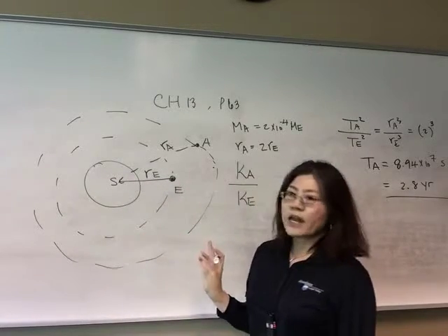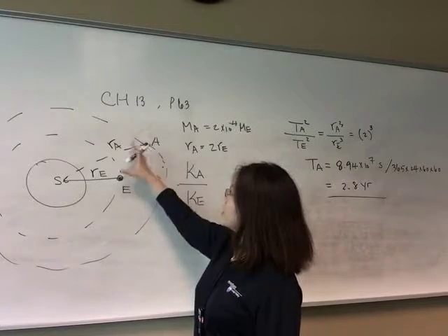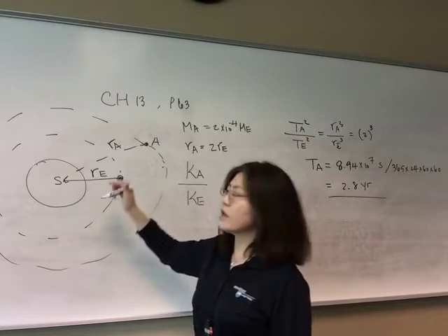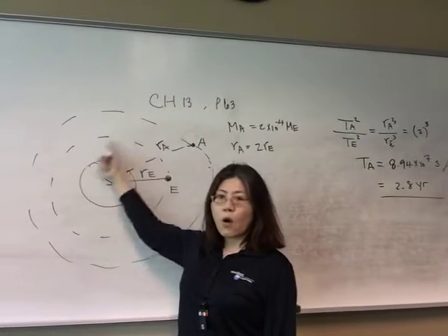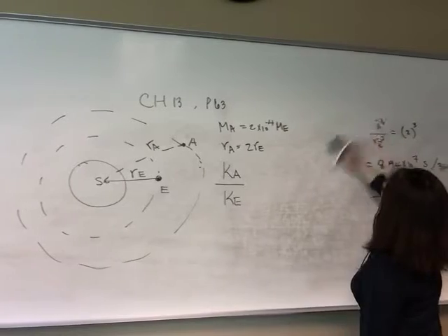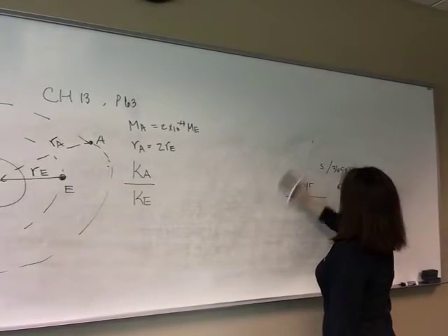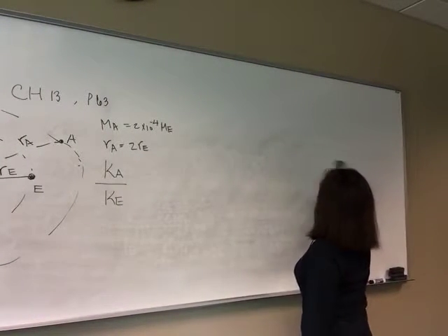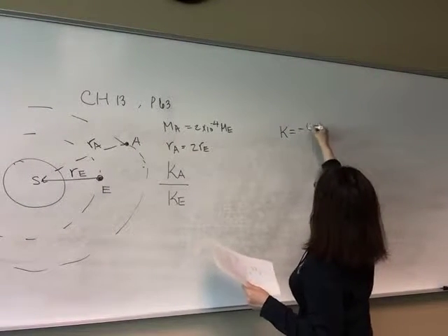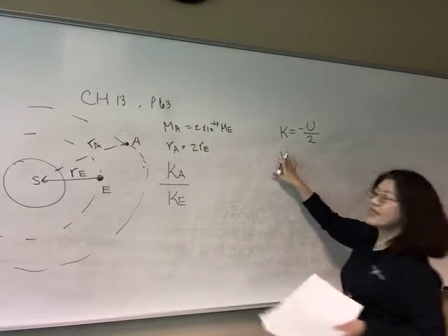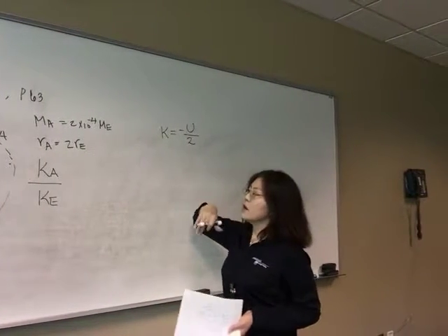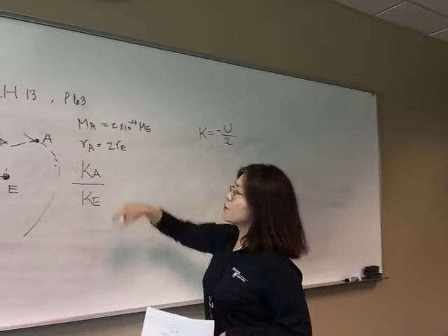So what is the expression for the kinetic energy? You do not use 1/2 mv squared if they are moving in a circular orbit. Instead, the kinetic energy has an expression which is related to the gravitational energy. Your K here is negative U over 2. This is the equation for the kinetic energy when you have an object making a circular orbit.